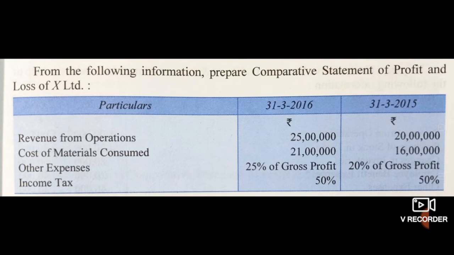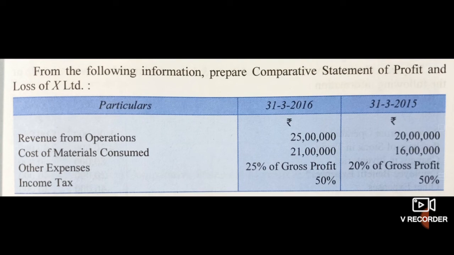The formula of gross profit is equal to revenue from operations minus cost of material consumed. You have to calculate gross profit for the year 2015 as well as for the year 2016, and after calculating gross profit you can calculate the figures of other expenses, which are 25% of gross profit in 2016 and 20% of gross profit in 2015.